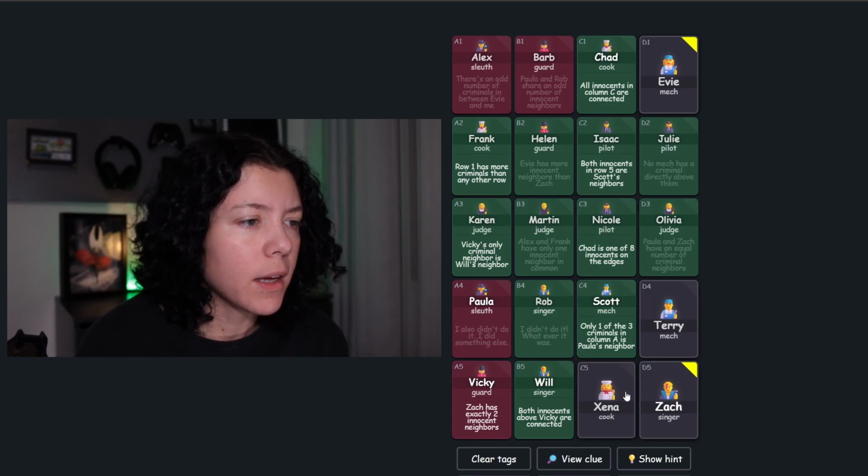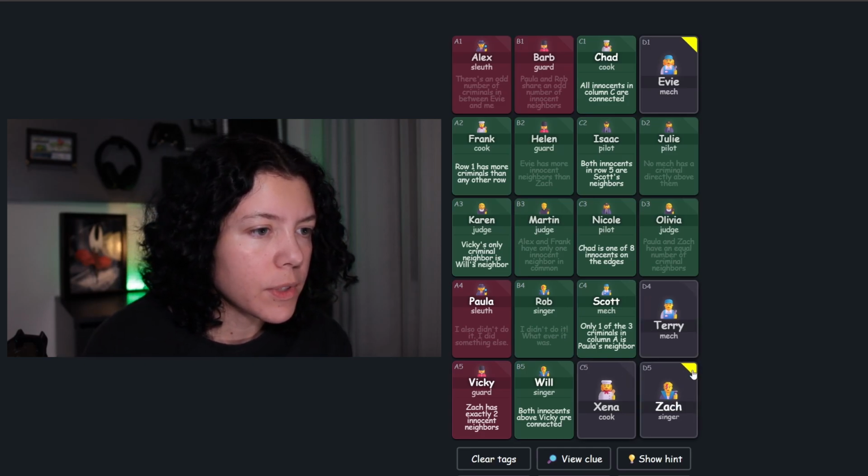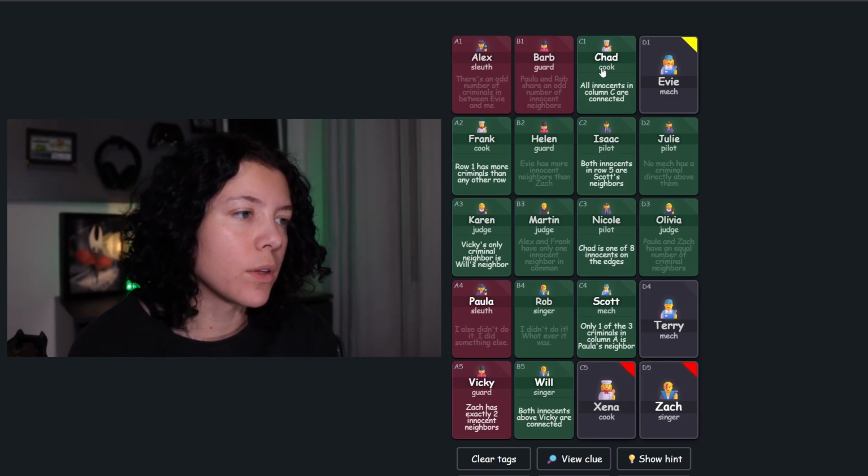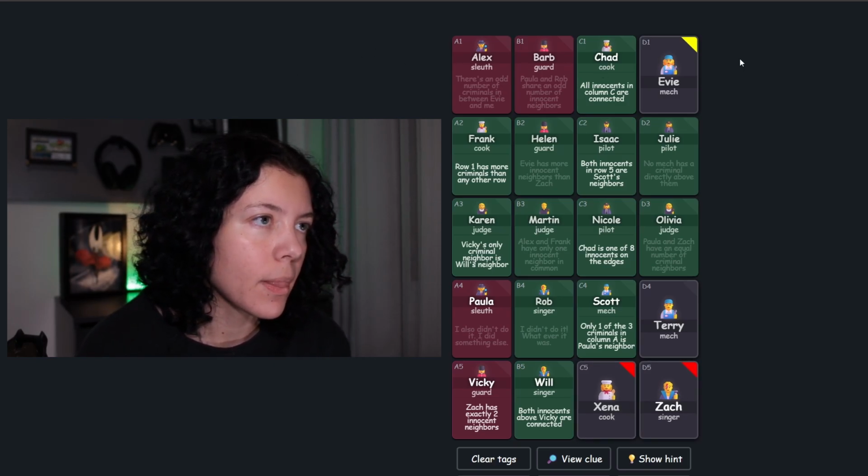But we can think about this. If both Zach and Zena are criminals, that can't be, because there would be more criminals in row 5 than row 1. So one of these two is an innocent and the other is a criminal.